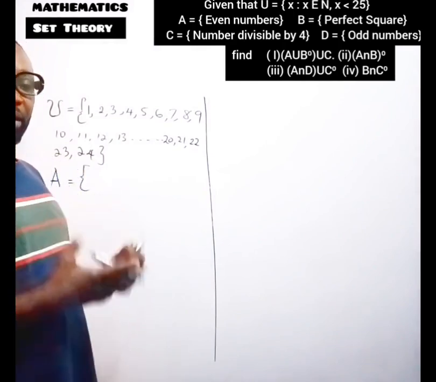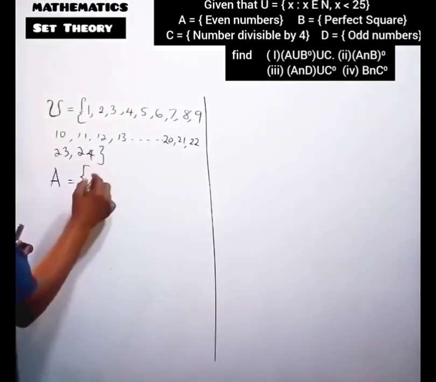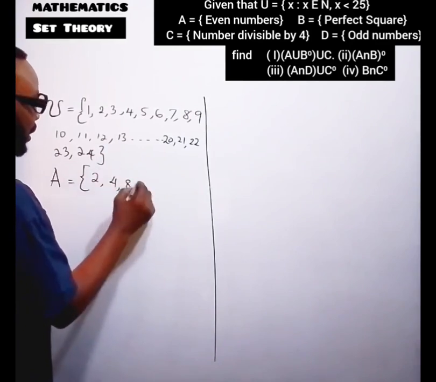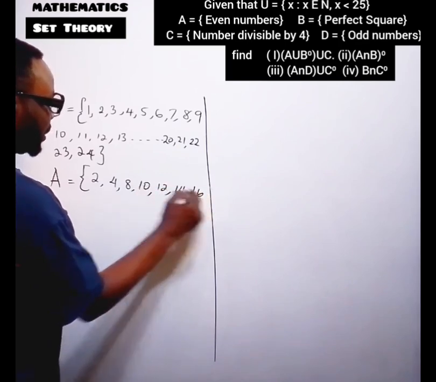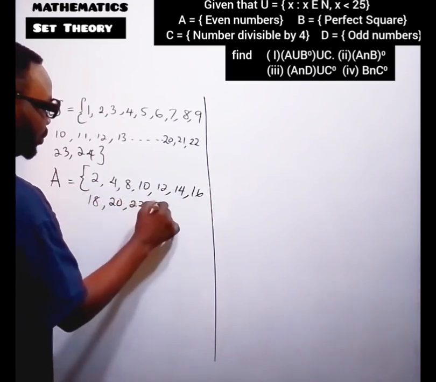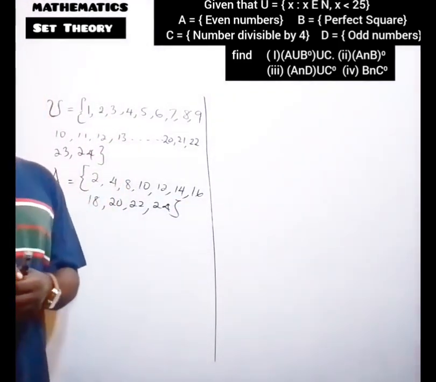They can be integers, natural numbers that are multiples of 2. So we can start from 2 itself: 2, 4, 6, 8, 10, 12, 14, 16, 18, 20, 22, 24. Those are the even numbers that we have there.